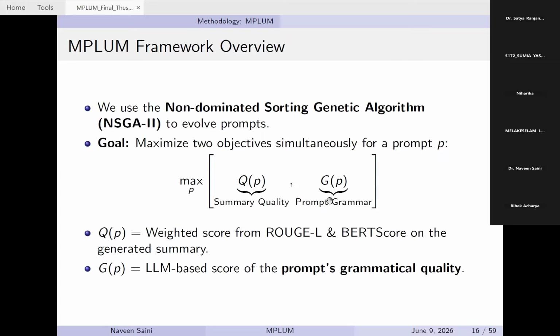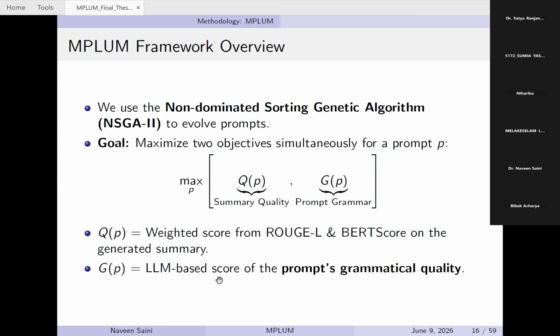While prompt grammar is the grammatical score measuring the grammatical quality of the prompt. That means it validates whether the given prompt is grammatically correct or not.